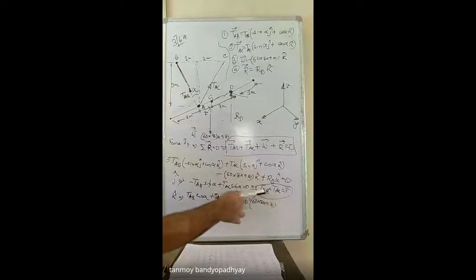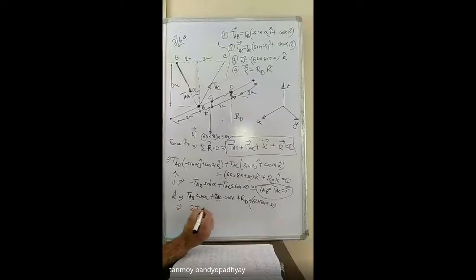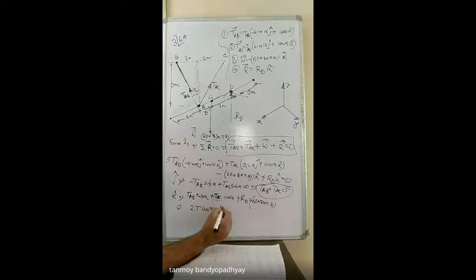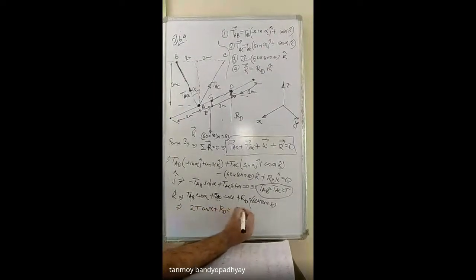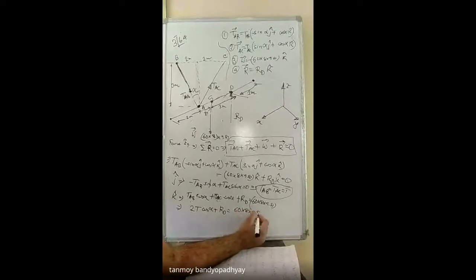So this is equation number 1, this is equation number 2. If I reduce it and put both as T, it should be 2T cos alpha plus RT, that is equal to 60 into 8 into 9.81.